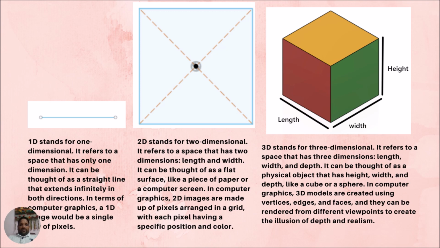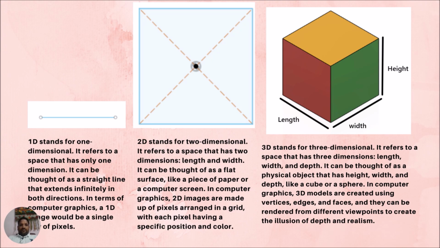Then we have length, width, followed by height, or sometimes we can call this thickness in a 3D model. So length, width, and height, we call a three-dimensional object. Hope this is clear. This is basic, I'm just refreshing what you studied in your early classes.